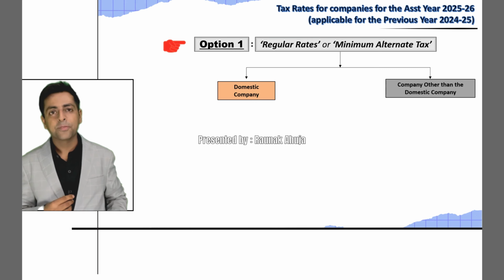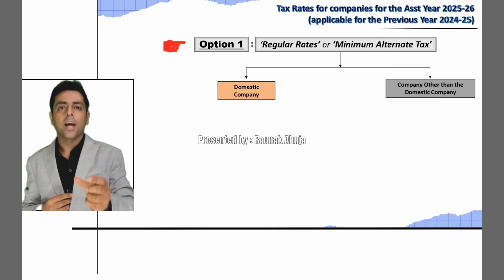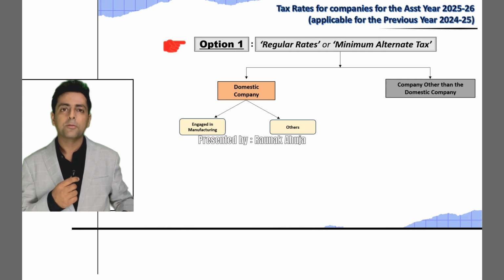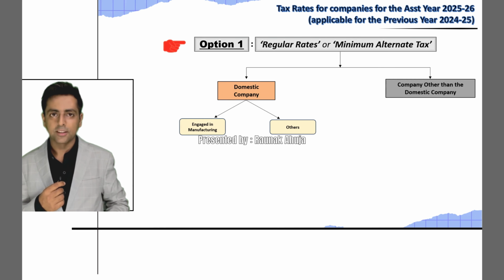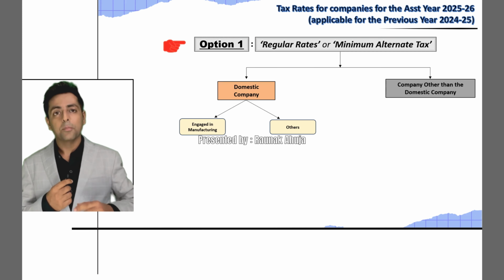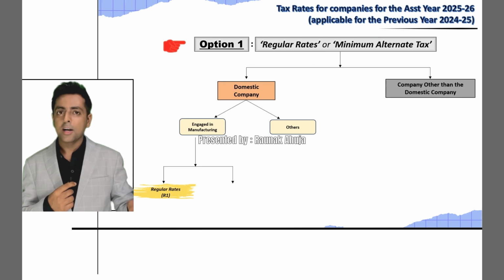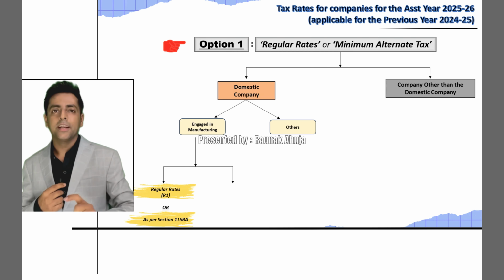Let's move ahead. Let's divide domestic companies into two further categories, which would be companies engaged in manufacturing and companies that are not engaged in manufacturing. For companies engaged in manufacturing, the tax rates would be R1 or rates as provided under section 115BA.